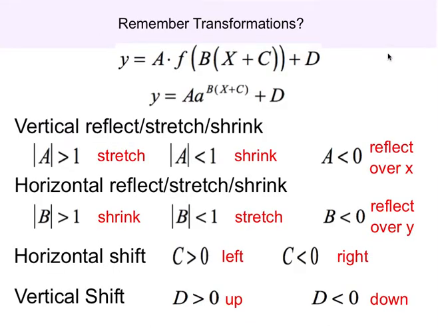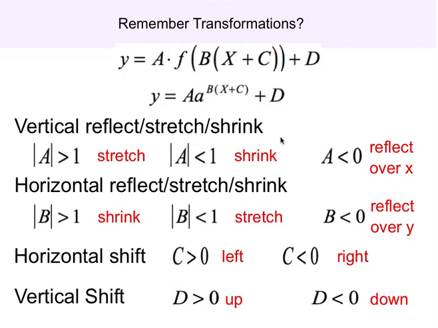Remember BCAD? Remember transformations? Well, we're going to use transformations to graph our exponential functions. So I have the general form of transformations written on top, and then I have specific to an exponential function. Remember, with vertical, the movement is caused by a.